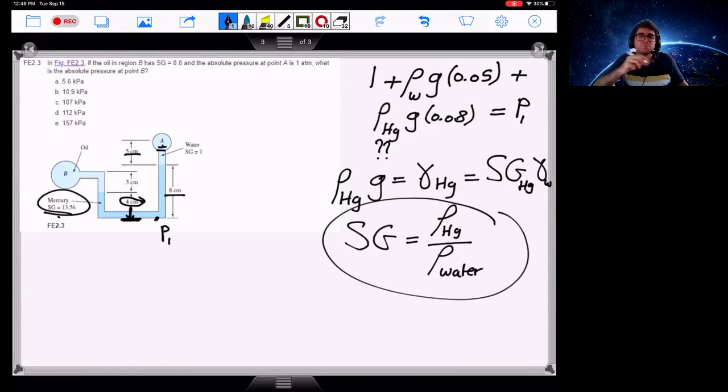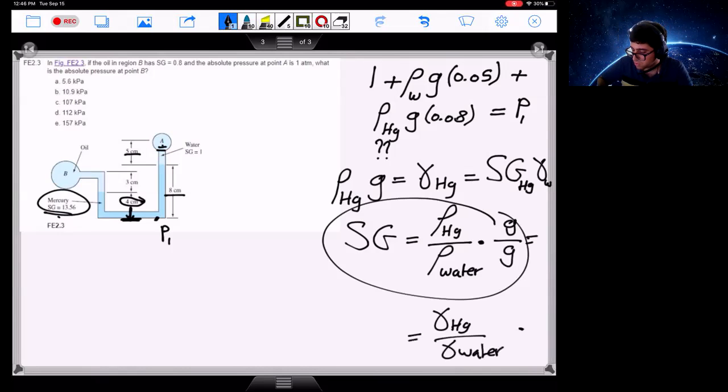We have to multiply the density times gravity, exactly. You can multiply the numerator by g and the denominator by g, and you end up with gamma Hg over gamma of water, and that's equal to SG. So just multiply SG times gamma of water, and you'll end up with gamma Hg without looking at tables.